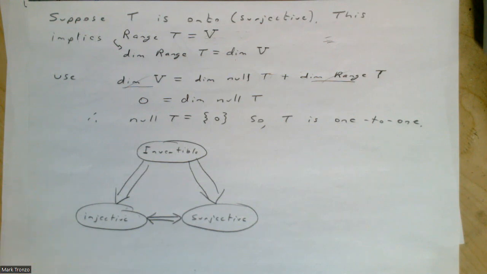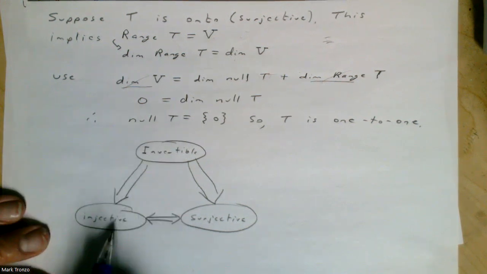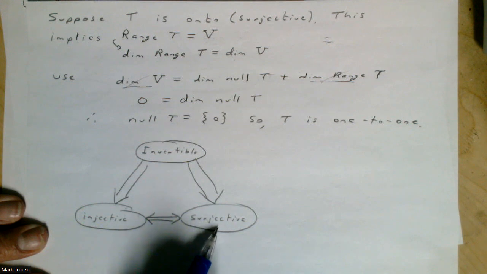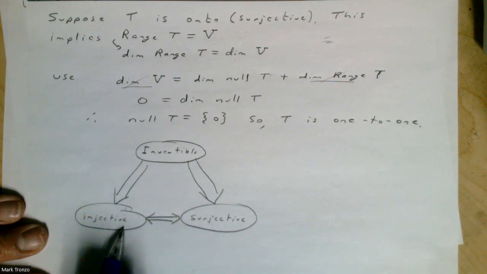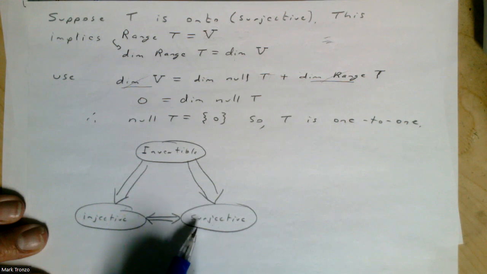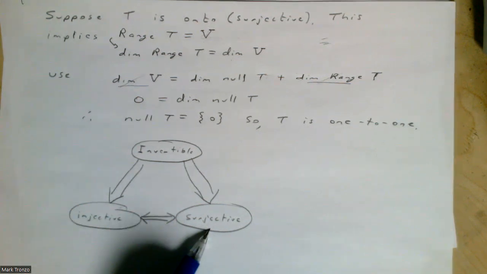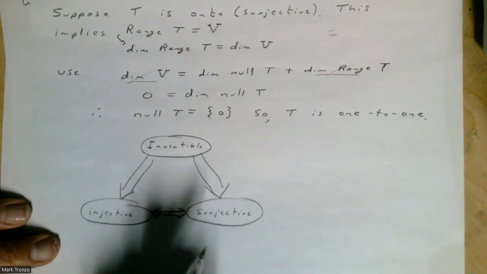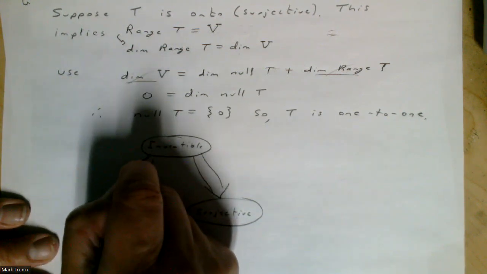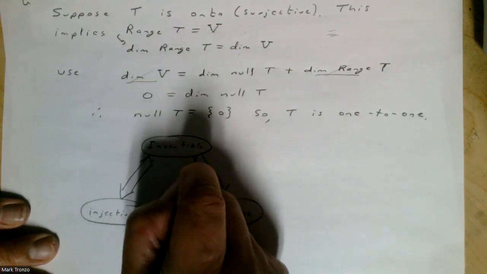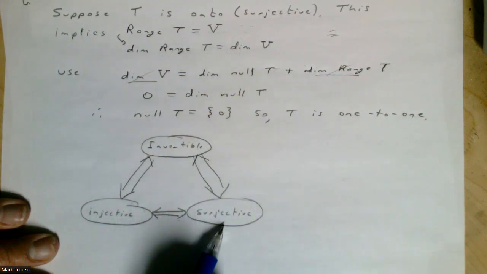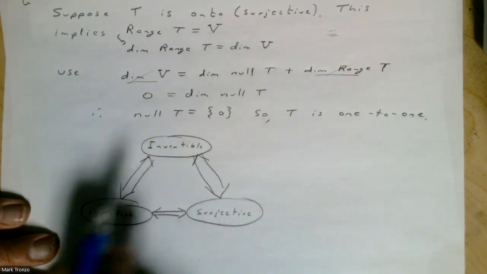And so now what does this mean? Since injective implies surjective and surjective implies injective, that means that if we have just surjective, we have both of these. If we have just injective, we have both of these. And remember from a previous theorem, if something is surjective and injective, then it's invertible.